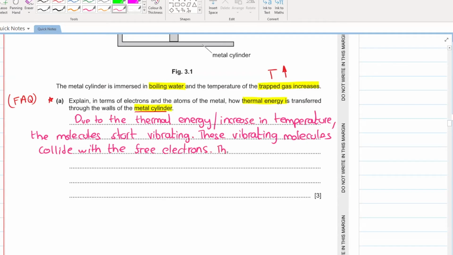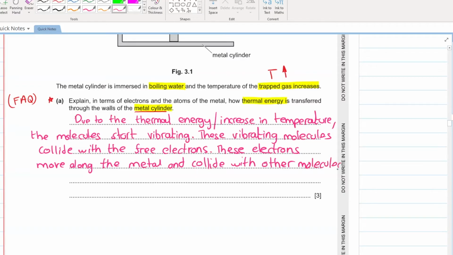These electrons move along the metal and collide with other molecules.